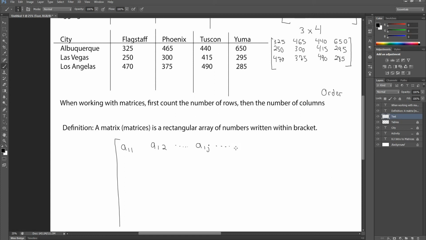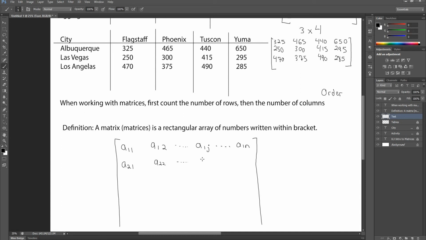And then we skip ahead to A1N. I'd say it's a formal way of expressing the number of columns in a matrix is with the letter N.